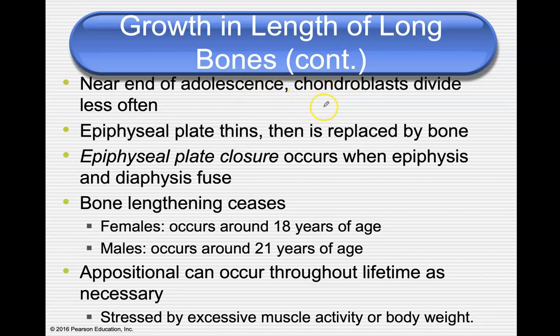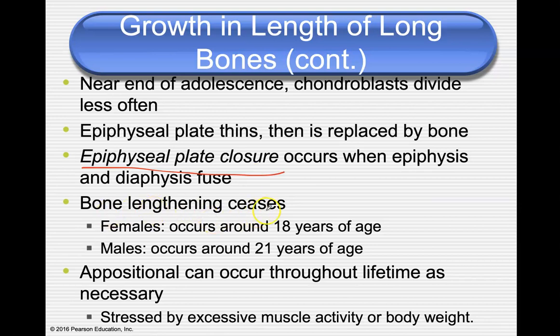And eventually all of that cartilage will be turned to bone, ossified. So the epiphyseal plate will thin and then eventually be completely replaced by bone. We call that point the epiphyseal plate closure. That occurs when the epiphysis and the diaphysis completely fuse, as all of the cartilage from the epiphyseal plate is replaced with bone.